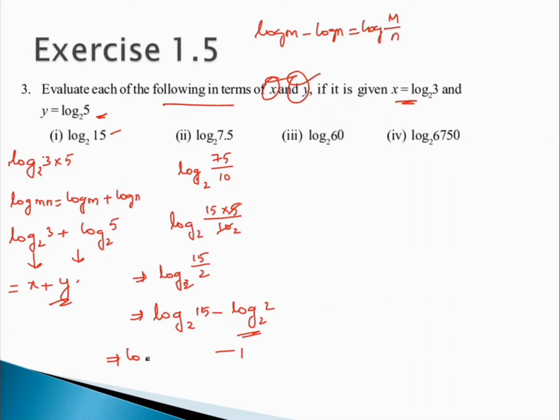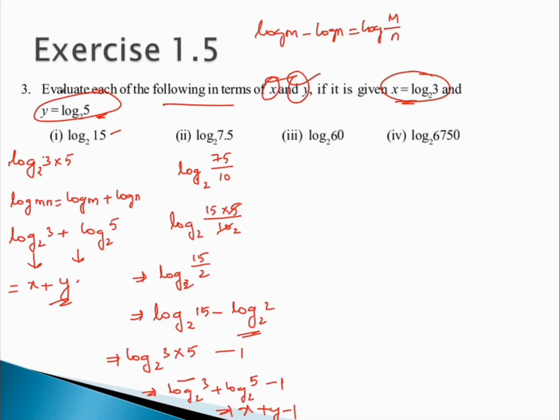I can write the rest as log 2 of 3 into 5 directly, which means log 2 of 3 plus log 2 of 5 minus 1, and this is given as x plus y minus 1. I'm just substituting the values of x and y at last.